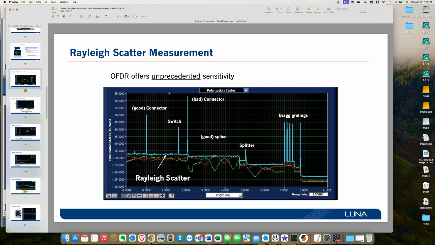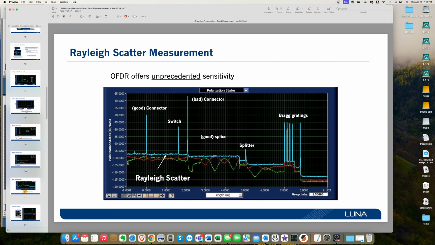Why is it bad? Because the return loss is so bad. You can see the return loss on the side here. A good splice. You can see a lossy splice there, and another splitter and some Bragg gratings and so on.